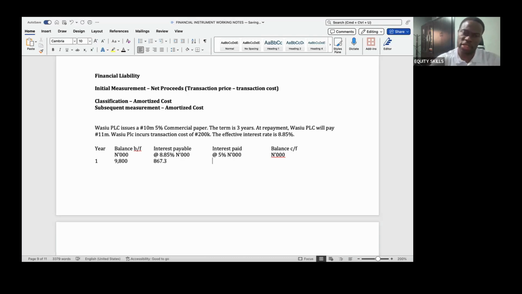How about the interest paid? If you do 5% of 9,800, of course you are wrong. It should still be 5% on the 10 million. Don't forget, the amount you borrowed is 10 million. Just because you incurred issue costs does not mean you will pay less. It's still going to be on the amount you borrowed, so this is still going to be 500 that you are going to be paying.